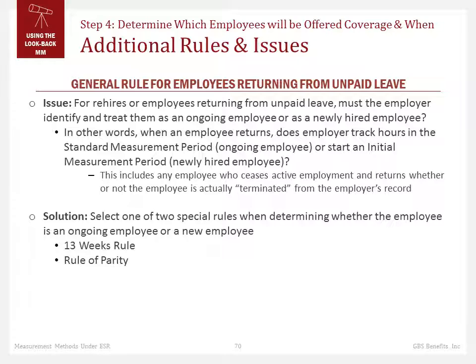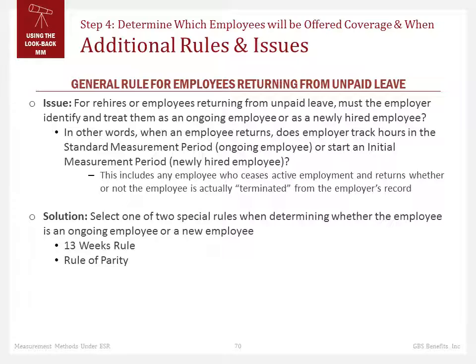But if they're returning from unpaid leave, the question is, are they coming back as a newly hired employee? Therefore, I have to deal with the newly hired employee questions. Or are they coming back as an ongoing employee? So you need to figure out how to categorize or classify them in order to know how to continue or to start tracking their hours of service.